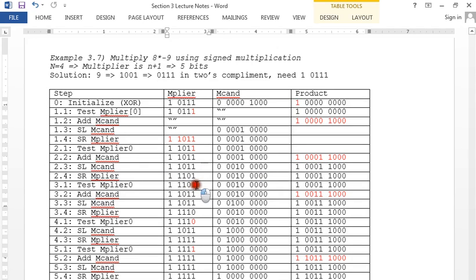Next, again, we test the least significant bit, and then since it's a 1, what do we do? I see a lot of people going, add, and they're afraid. Add, right? Add it. So now, since we have this bit shifted again, we have this value, right? Shift left multiplicand, shift right multiplier.